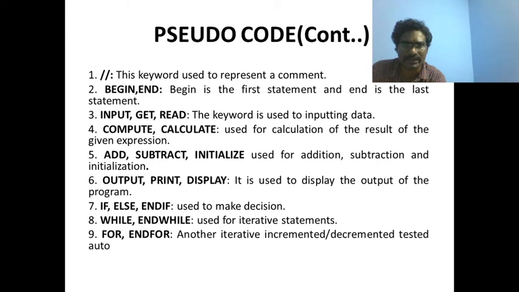Compute and calculate are for calculating the result of a given expression. Add, subtract, and initialize: add is for addition, subtract is for subtraction, and initialize is used if you are going to assign a value to a variable. Output, print, and display are used to display the output of the program.